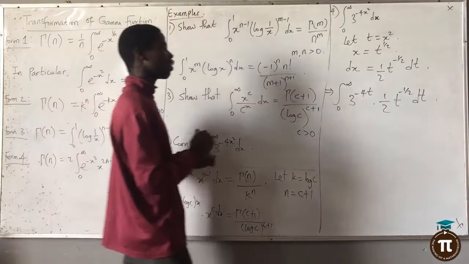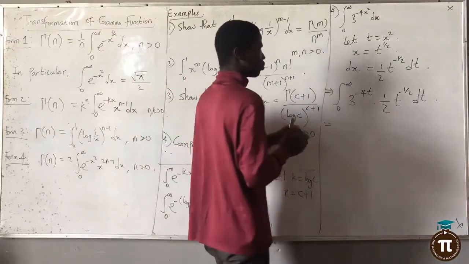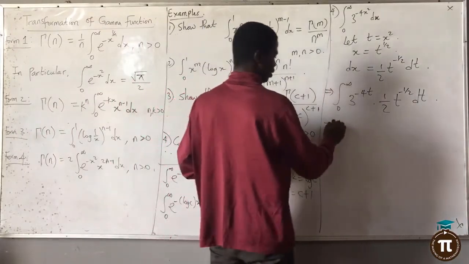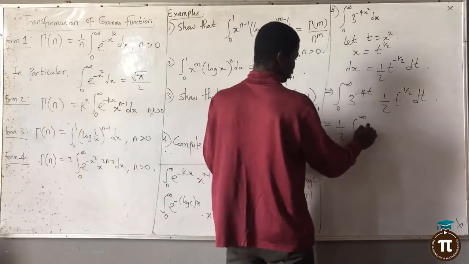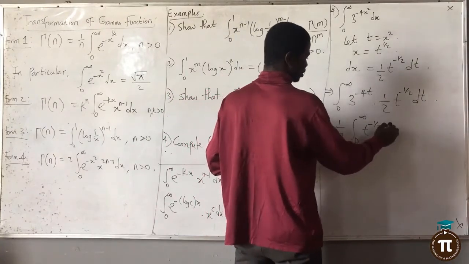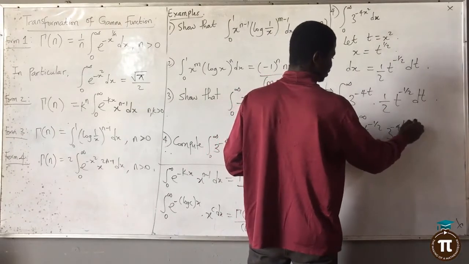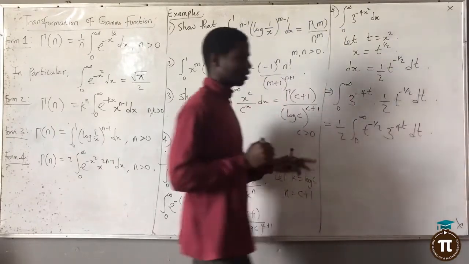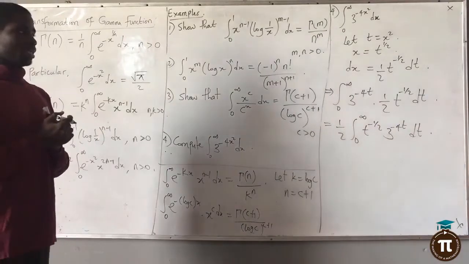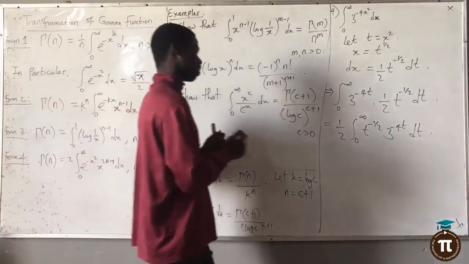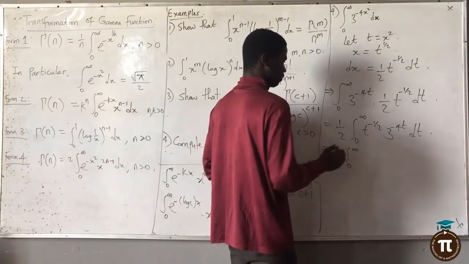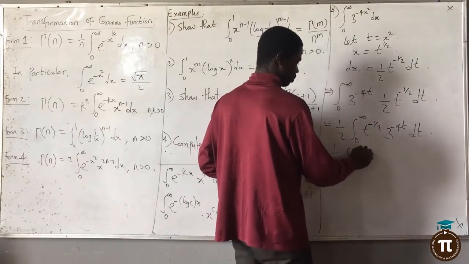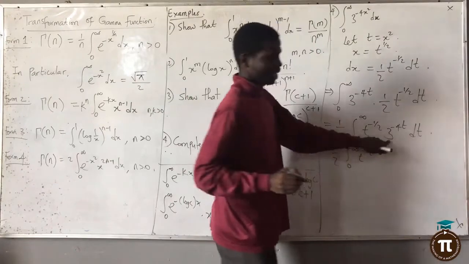So this will be equal to 1 over 2 can come out: 1 over 2 integral from 0 to infinity of t raised to the power of minus 1 over 2, then 3 raised to the power of minus 4t dt.